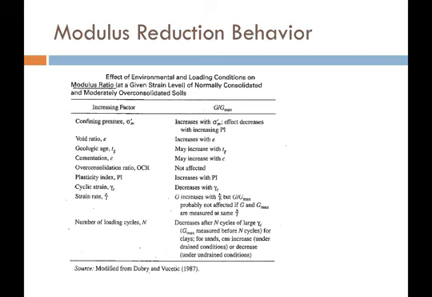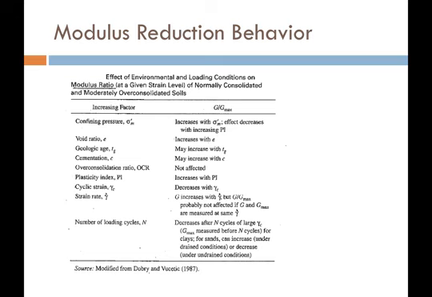So here's a table out of the Kramer textbook, and it's actually taken from a famous or a classic source on soil dynamics, Professor Ricardo Dobry and his colleague Vucetich from RPI in New York. Very famous researchers that are experts in soil dynamics. They produced this summary of factors and how they impact G over G max.